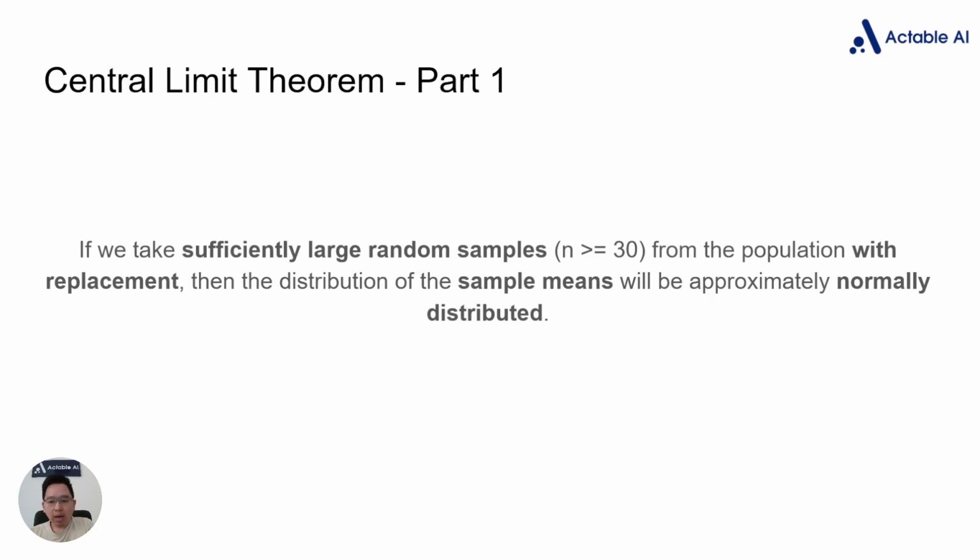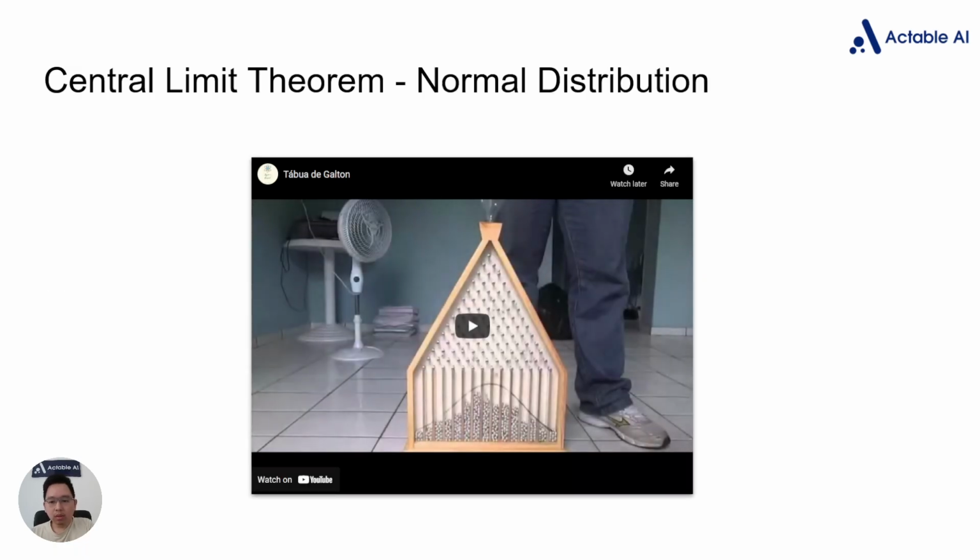What does it mean to sample with replacement, and what does it mean to be normally distributed? I will explain these terms in the later slides. Next, I'm going to show what a normal distribution is. This is a probability distribution that happens quite often in real life.